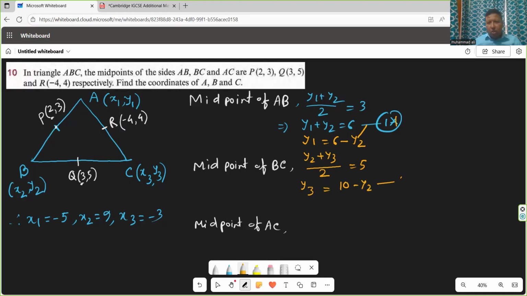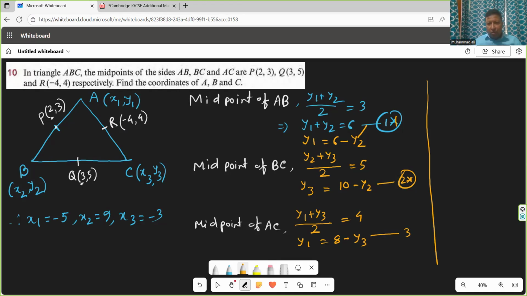We consider this is 2 star. And for AC, (y1 plus y3) divided by 2 equals 4. So from here we get y1 equals 8 minus y3. We consider this is 3 star.